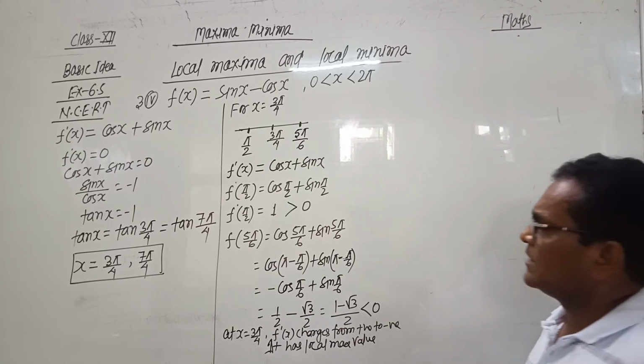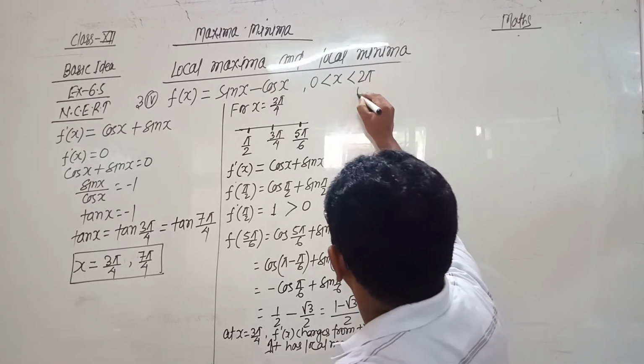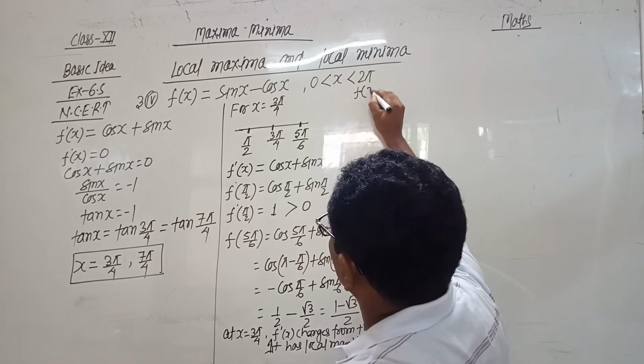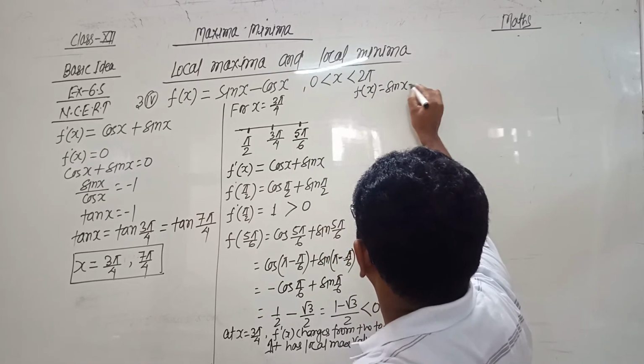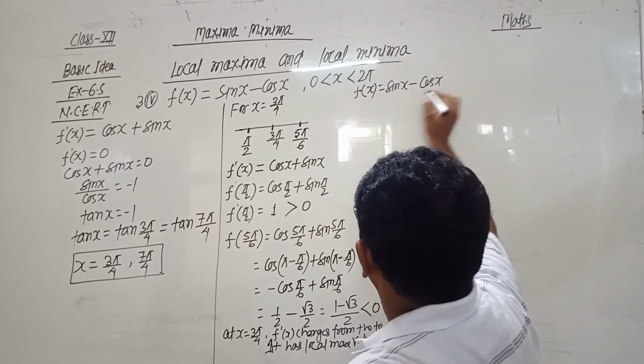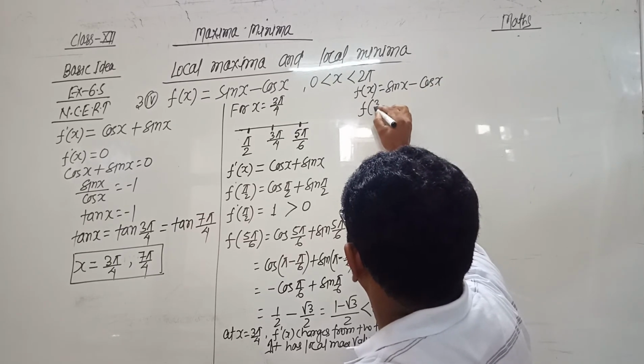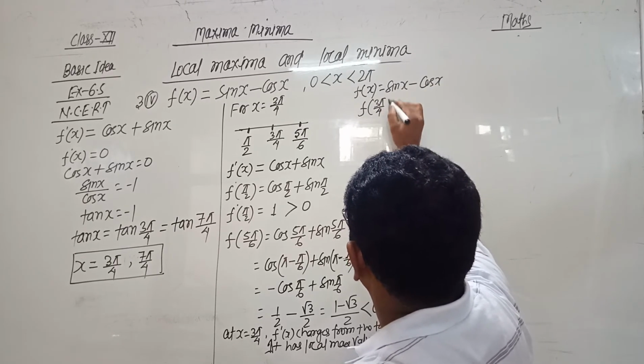in the function. So f x is given as sin x minus cos x, and we have to find f of 3 pi by 4.